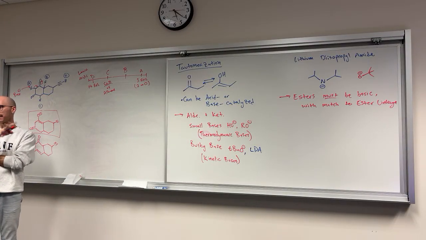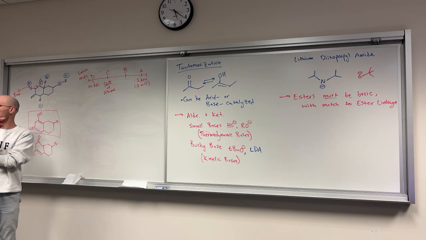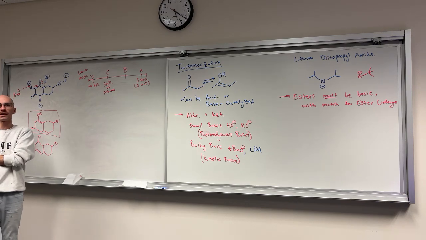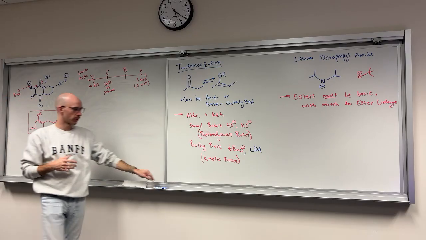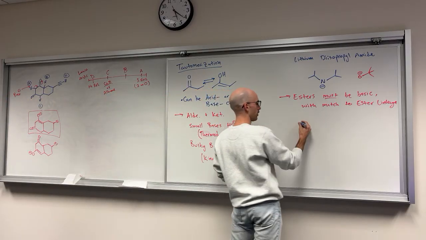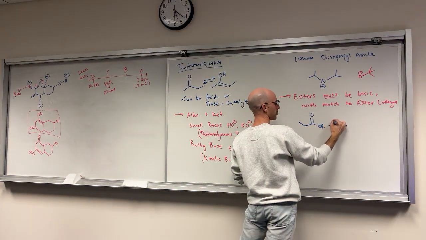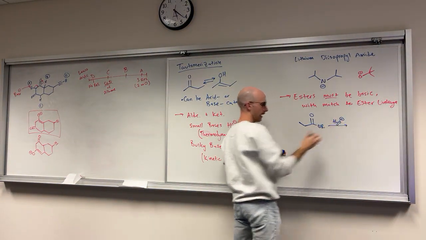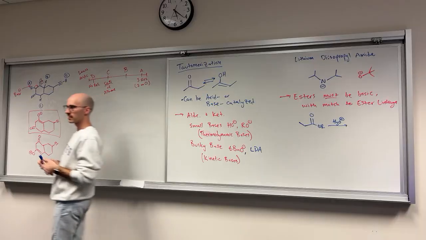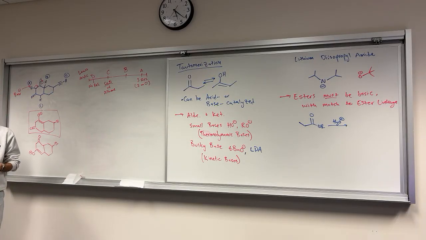At least not in typical acidic conditions, which is H3O+, aqueous acidic conditions. Let's just show an example of why. When you take an ester and you introduce it to aqueous acidic conditions, H3O+, what happens? From unit 4.